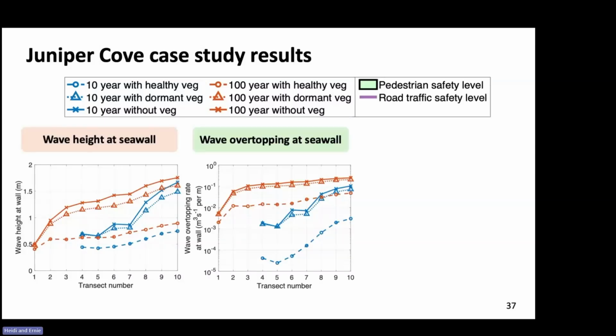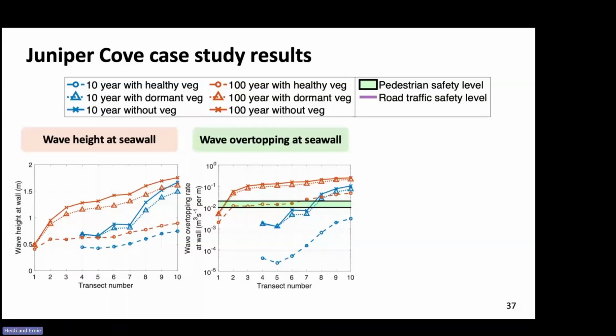Now, the wave height at the seawall can translate into the wave overtopping at the seawall, as shown here. And for comparison, the green shaded area is where it's safe for pedestrian safety. And you can see that you need the circles in order to satisfy the pedestrian safety level, because only the circle points are below the green shaded area.